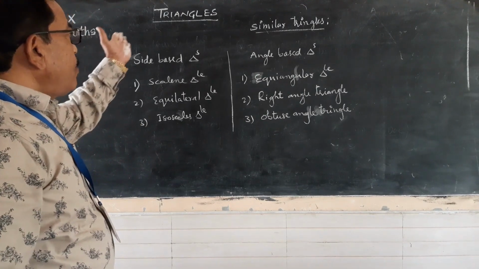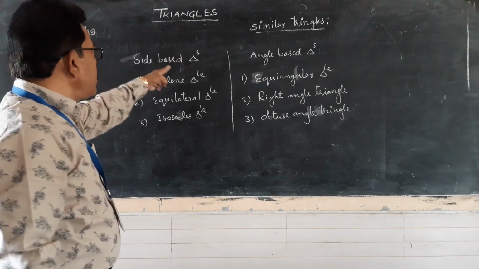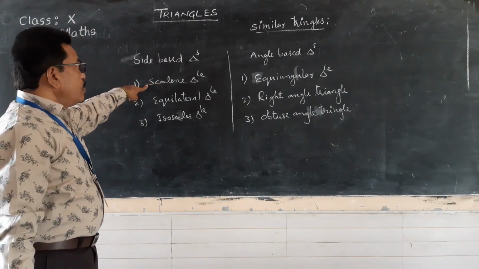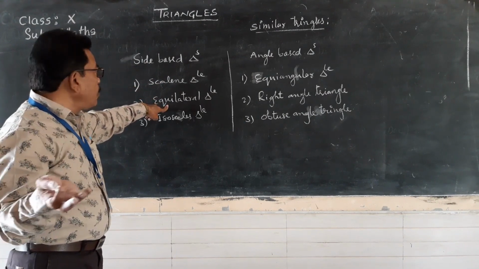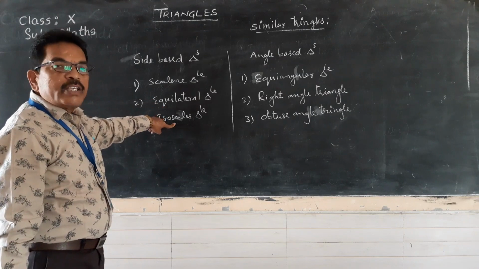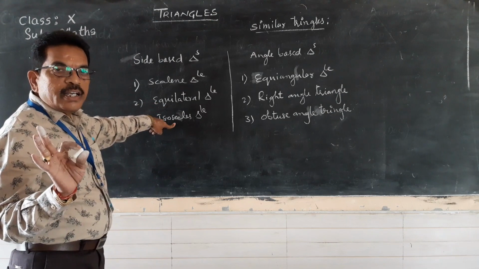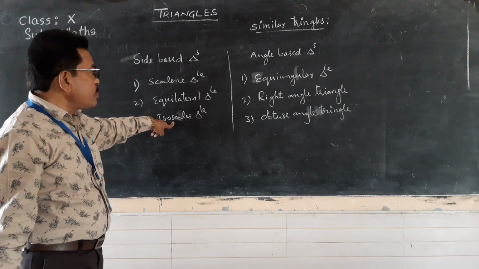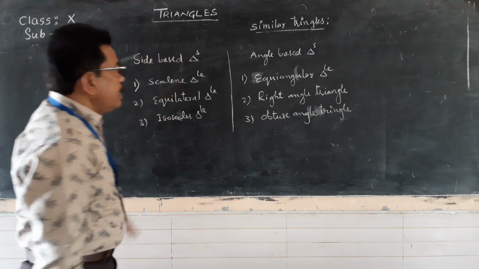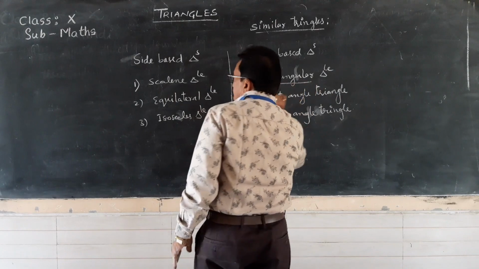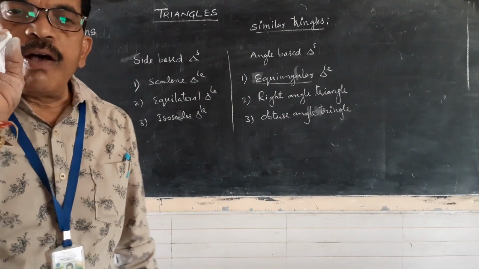So we have classified on the basis of this. First, side based triangles: a scalene triangle is one whose sides are unequal; an equilateral triangle is one whose sides are all equal; the isosceles triangle has any two sides equal. Then we come across the equiangular triangle, the triangle having all the angles equal.